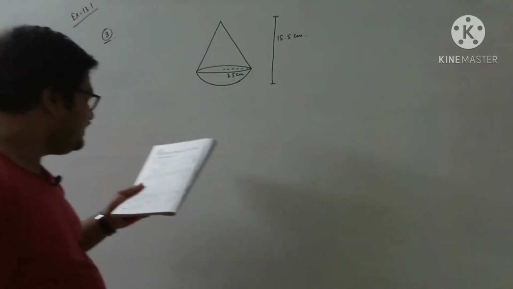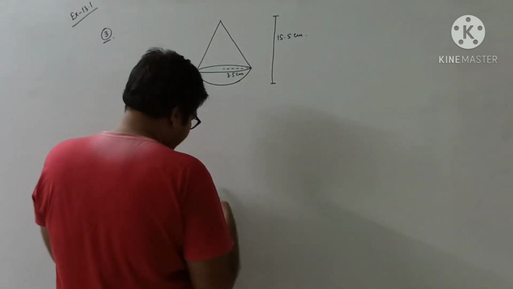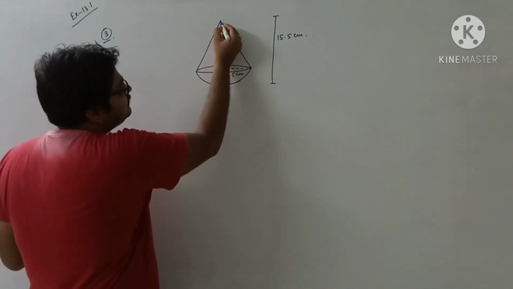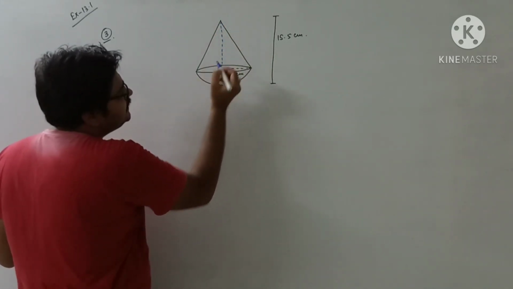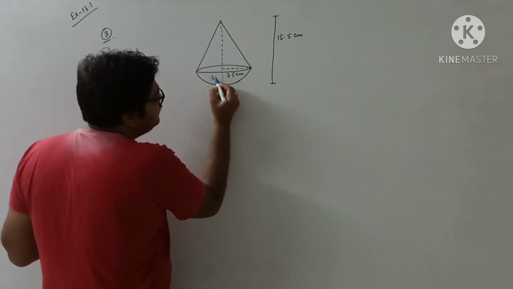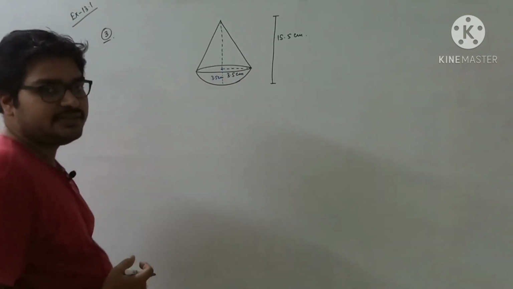Find the total surface area of the toy. To find the total surface area of the toy, at first I need to get the height of the cone. This one is 3.5 and this is also 3.5, because the radius of the same hemisphere will always be the same.